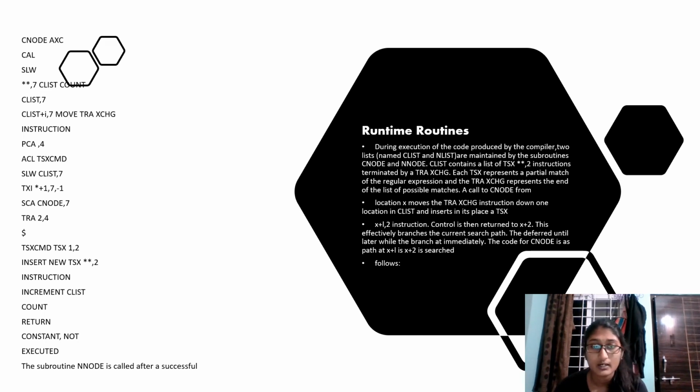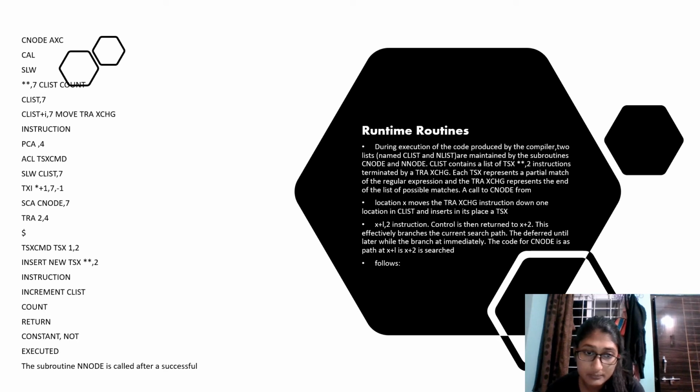Trajects represents the end of the list of possible matches. A call to C node from location X moves the instruction down one location in C list and inserts in the place X plus 1 two instructions. Control is then returned to X plus 2.